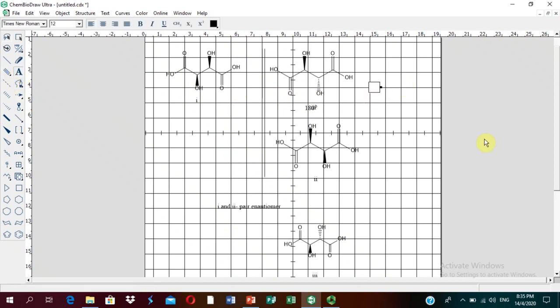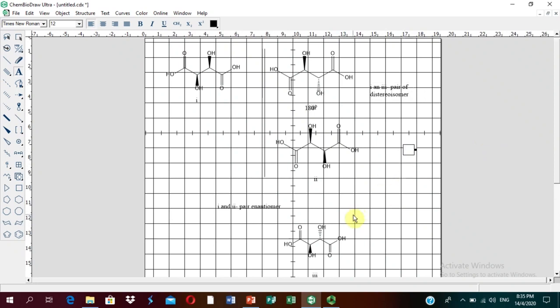So number 1 and 3 is a pair of diastereomers.